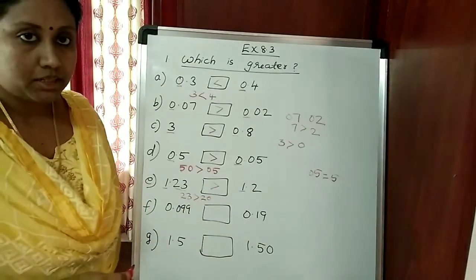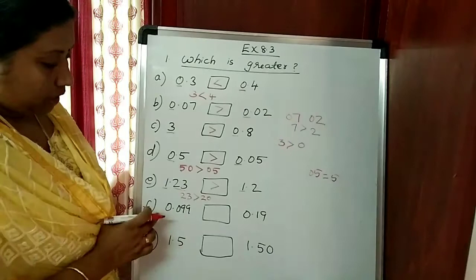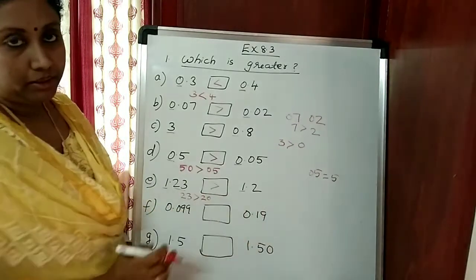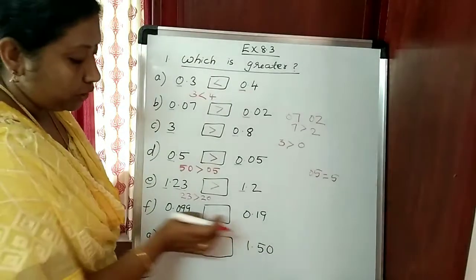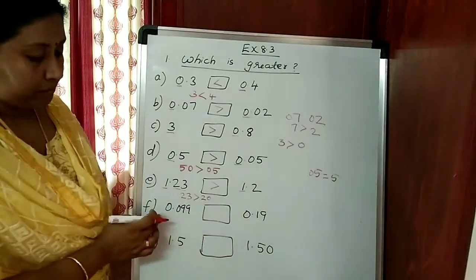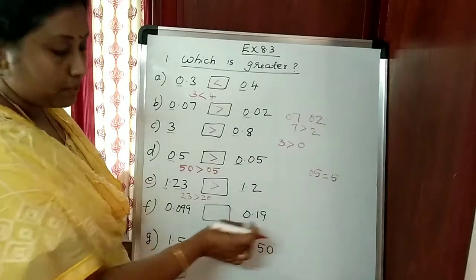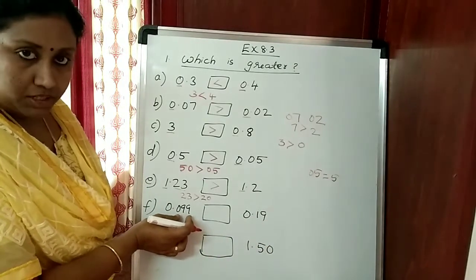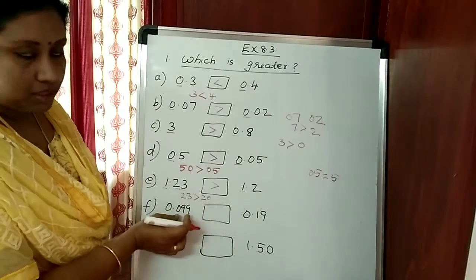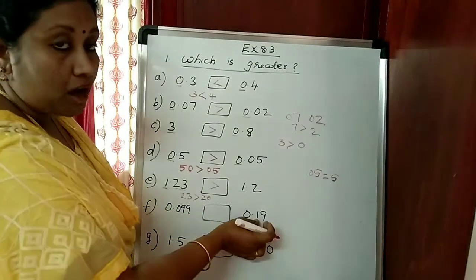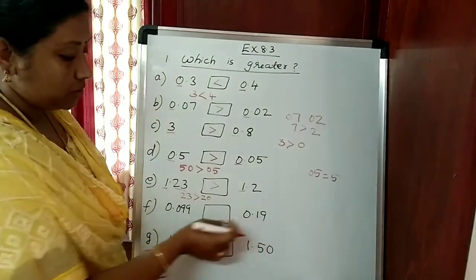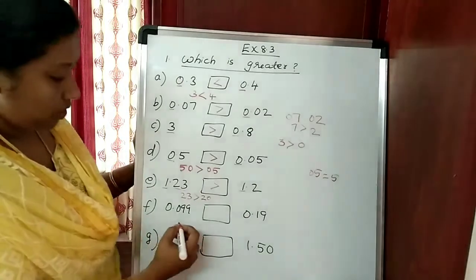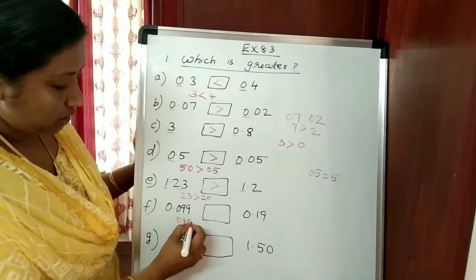Okay. So which decimal number is greater? 1.23 is greater. Okay. Then our next question, 0.099, 0.19. Here also the whole number part is the same. Then compare the decimal part. In the first one there are 3 digits. Here how many digits? Only 2 digits. So you convert both into 3 digits. So here 099.